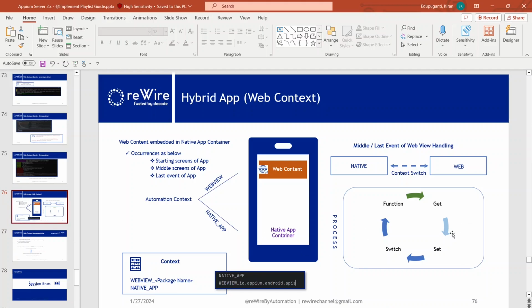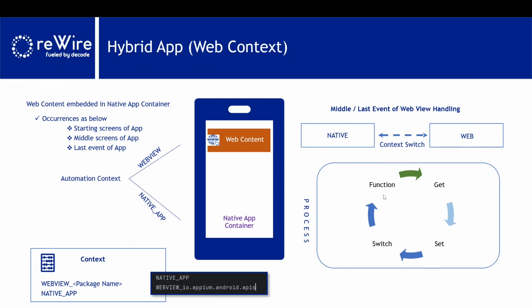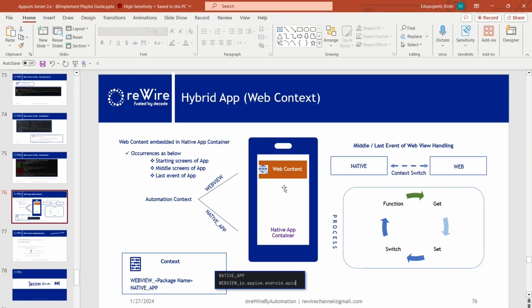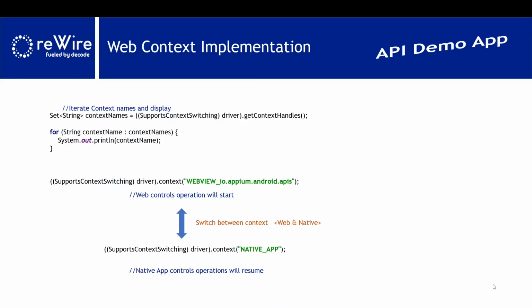Okay, so that's how. Try to remember, this is the mind map that you have, so that it is useful to you when you're working on the hybrid app side. The next is, we have used the API demo app, and to get the elements, iterate the context names and display.